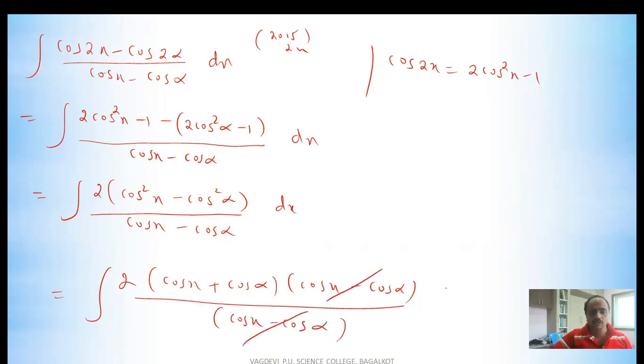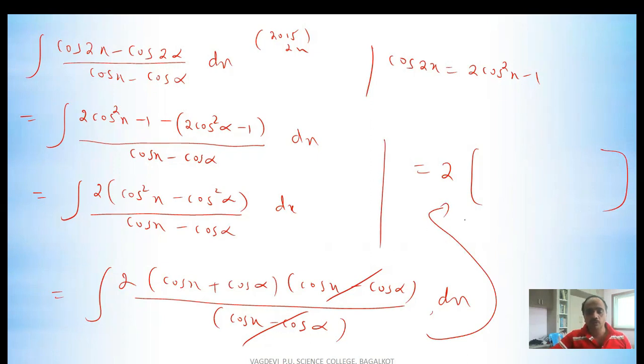So cos x minus cos alpha will be cancelled. 2 is a constant, you can take it out. Constants have to be kept outside the integral symbol. If it is constant for the whole function, you can take it out; if it's constant for only the first term, you cannot. But it is 2 into bracket, so 2 you can take out.